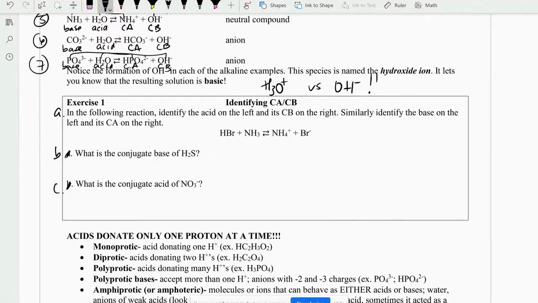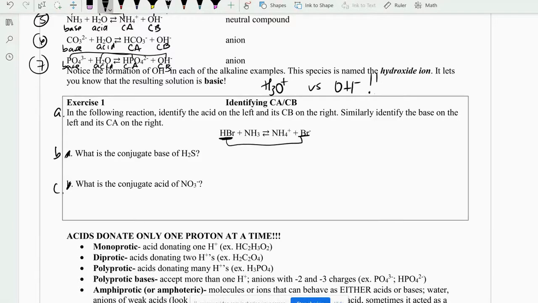Here on this first one, we have a reaction, HBr plus NH3 yields ammonium and bromide ions. Remember, ask yourself which one of these species is going to donate a hydrogen proton, and which one is going to accept one? If you look really quickly right here at the HBr, it looks like it's going to give the hydrogen proton.